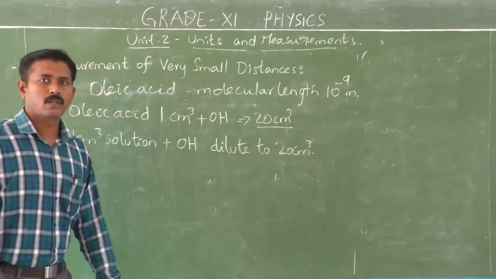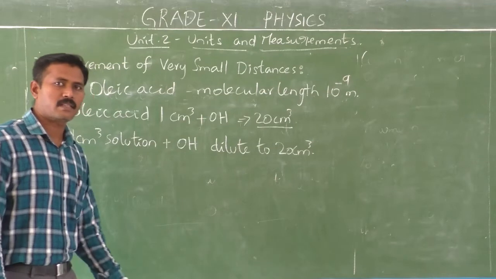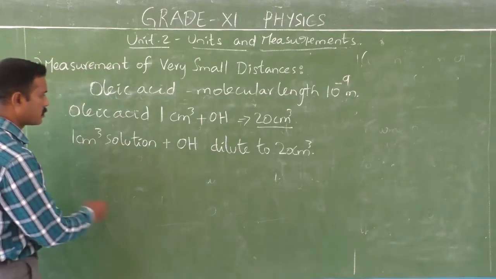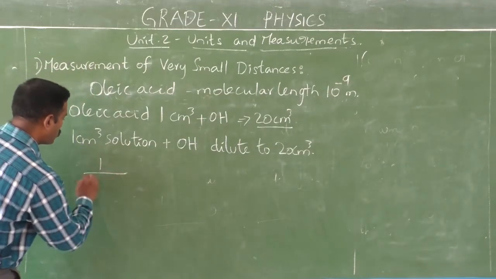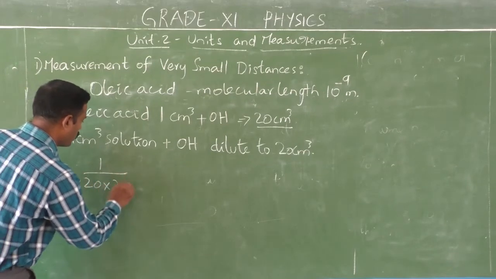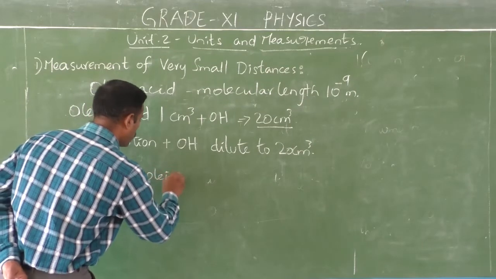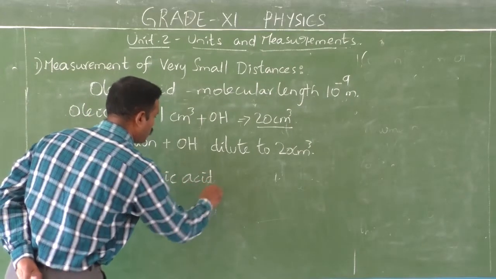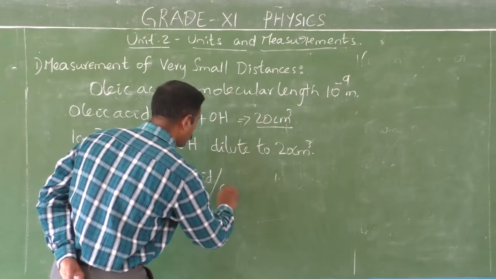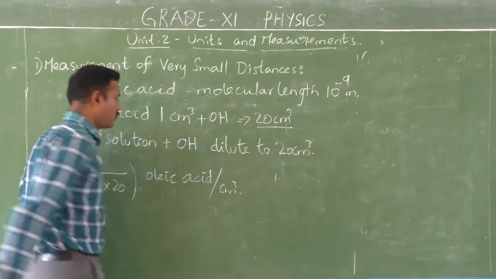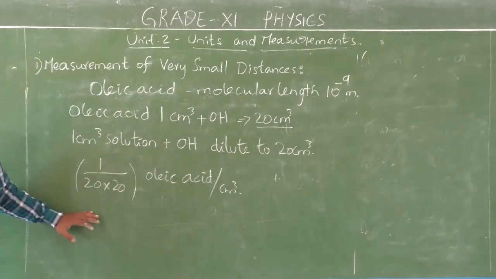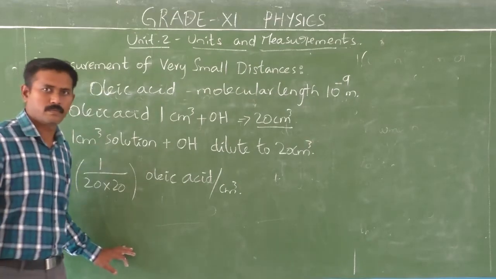So the concentration of oleic acid present finally in the solution is 1 by 20 into 20 per centimeter cube. This is the concentration of oleic acid present now.